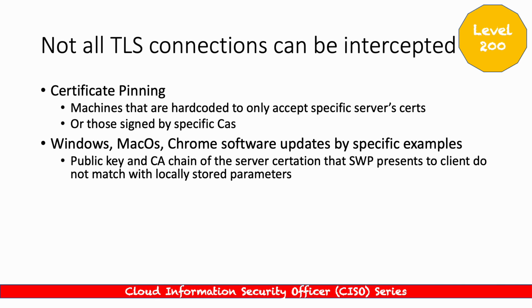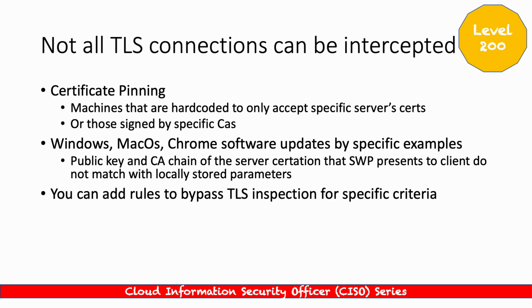So you can't place your own server cert on the actual host, because then when the traffic tries to reach, say, Apple or Microsoft or Google, it's going to become invalid. The public key and the CA chain of the server certificate that the Secure Web Proxy presents to the client do not match the locally stored parameters, and that's the bottom line.